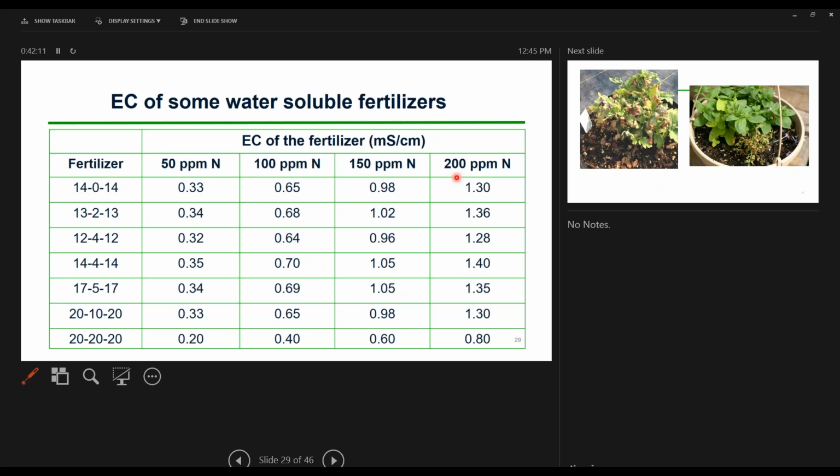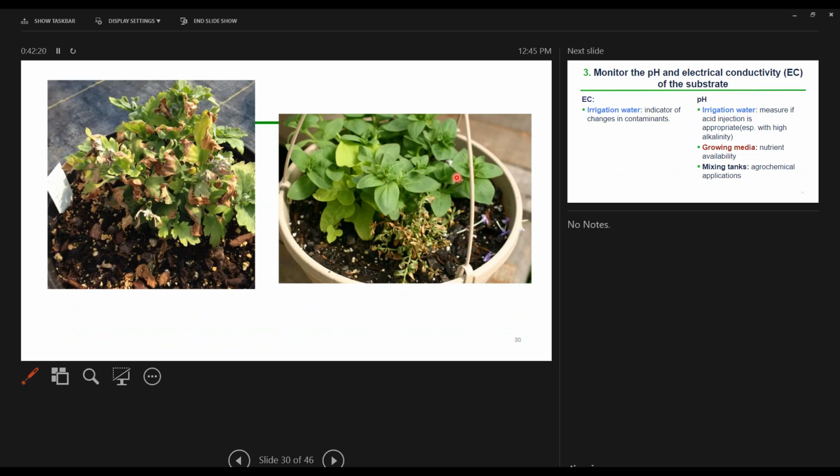So it's important to consider that you can listen to what other growers do, but make sure you tailor that to what is going on in your operation. And this is just an example of what happens when you apply too many salts, right? You can see that the burning of the leaves occurs very clearly and very quickly too, okay?